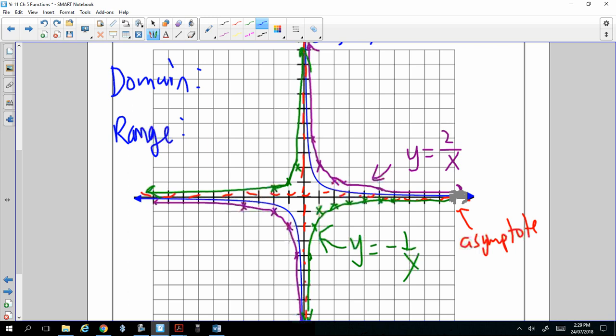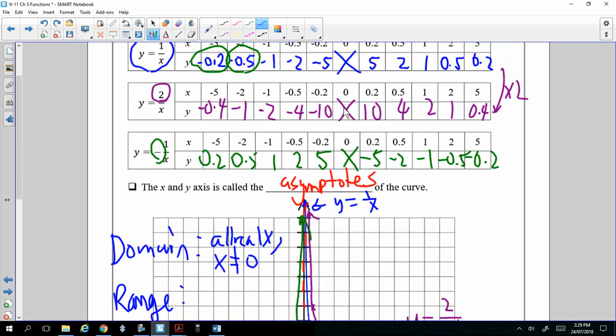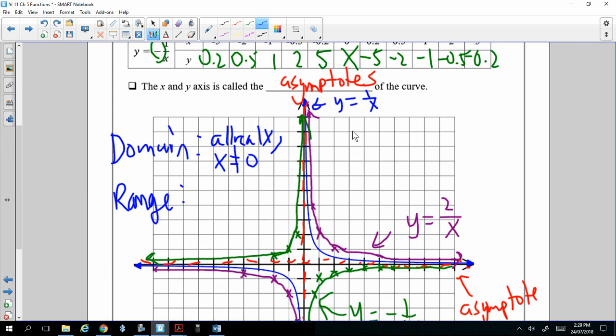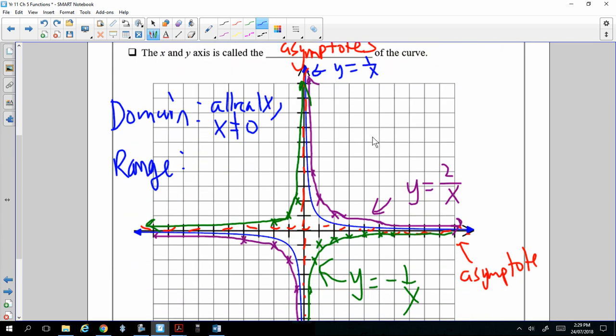All real x except x is 0, right? There's an asymptote. You can't have 0 in the denominator, right? How about the range? That's right. All real y cannot be 0. Never reach 0, isn't it, due to the asymptote? Okay, done. We now can move on.